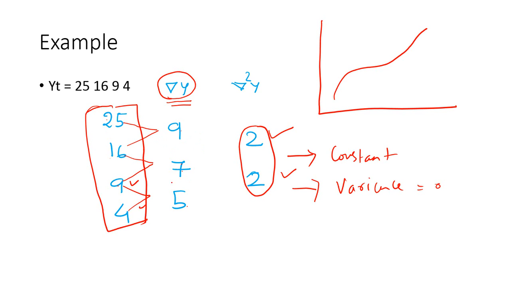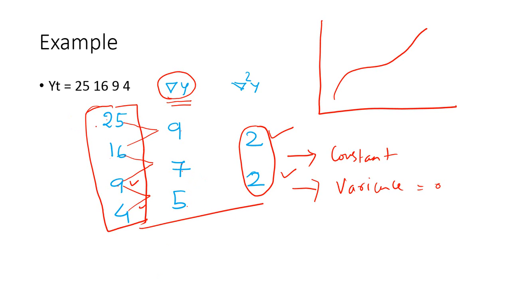But this is just an example where you can clearly see that taking a difference makes a particular series have constant mean and constant variance.